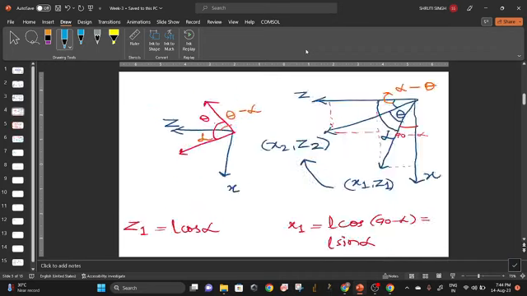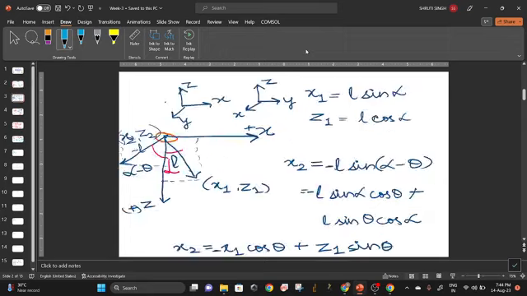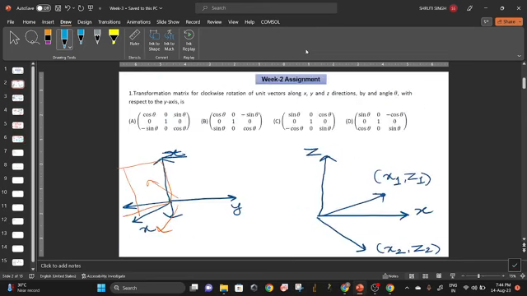So let's see the next one. None of them are matching really. B1 is not the same. What we got: cos, minus sine, sine, cos. B1 is not the same.